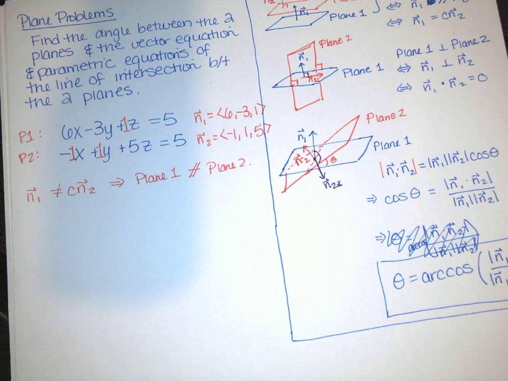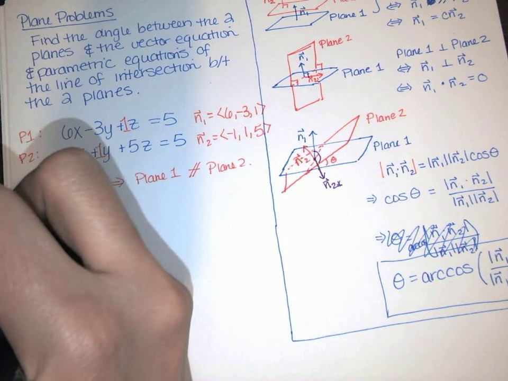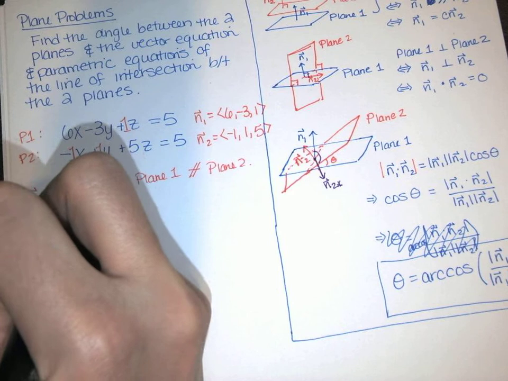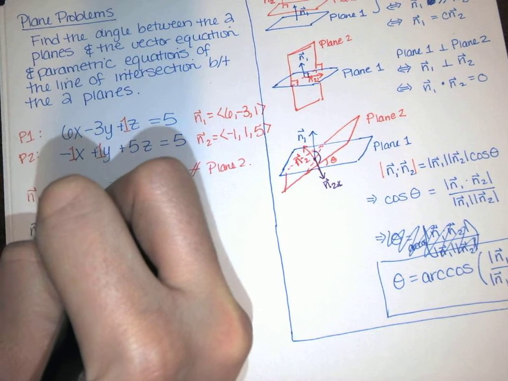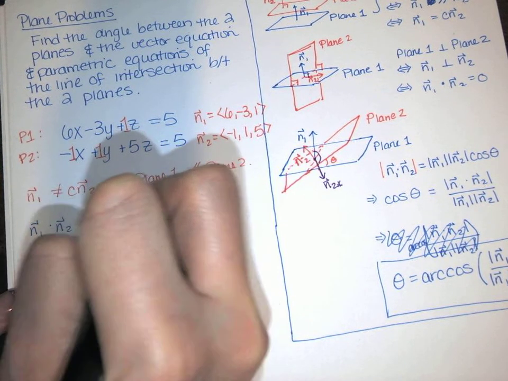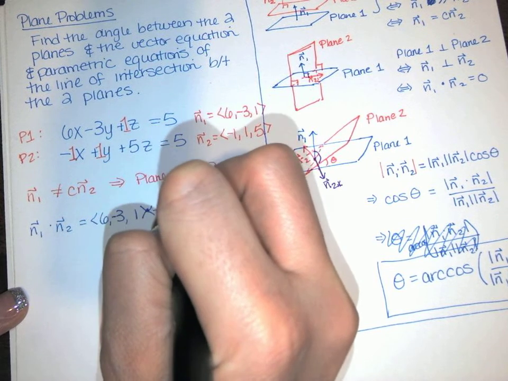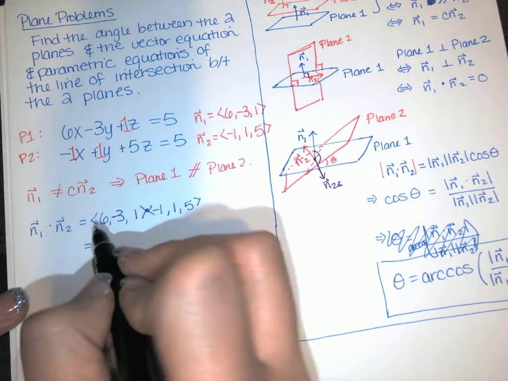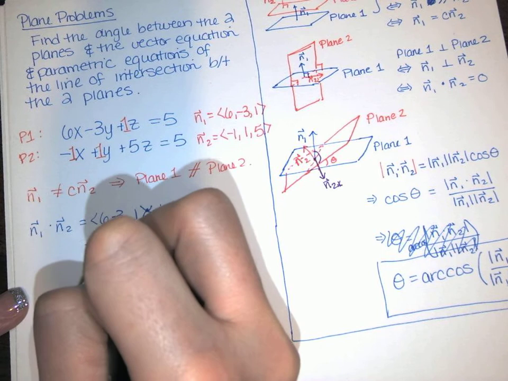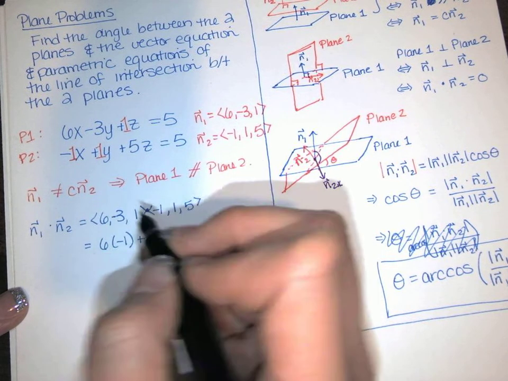Now let's compute the dot product and see if these planes meet at a 90-degree angle. So we'll do n1 dotted with n2. Remember how this works. You multiply component by component and add.